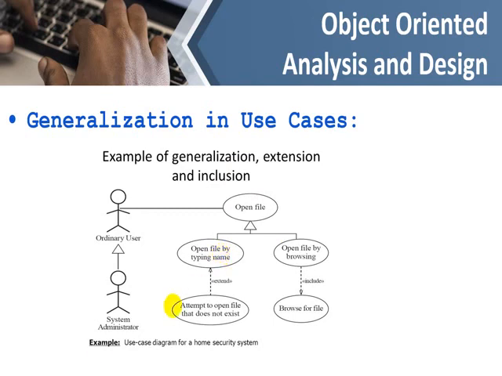So what happens in this case, if I try to open a file, this functionality in fact extends, and now it has an extension. There is an attempt to open a file that does not exist. So I am giving a file name that is not there. So it does not always happen. That is why here we have extend, right?